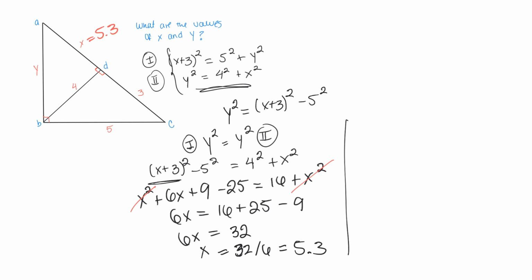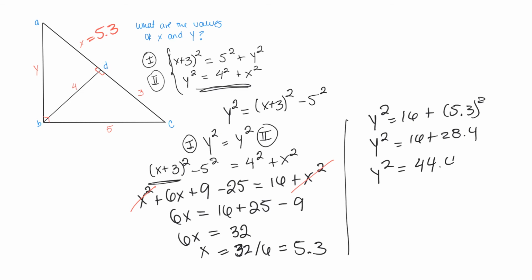Let's take the second equation because it's easier. Then we have y squared is equal to 16 plus 5.3 squared. 5.3 squared is equal to 28.4. So y squared is equal to 16 plus 28.4. y squared is equal to 44.4.